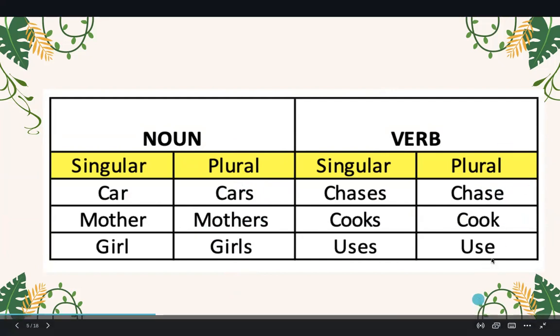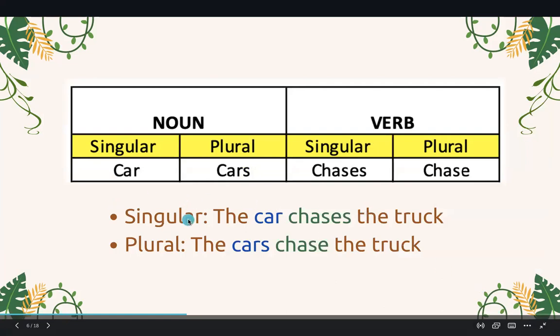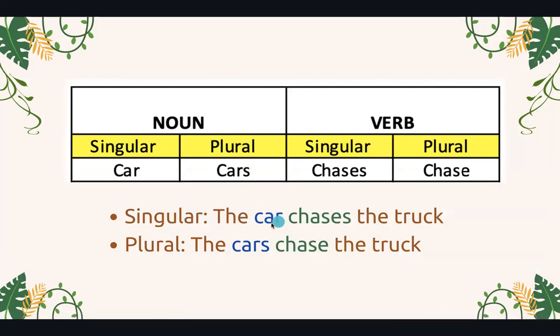For a better understanding, we have here examples in sentences. We have the singular: the car chases the truck. You can see that the car is your singular subject, and it takes your singular verb, which is chases.